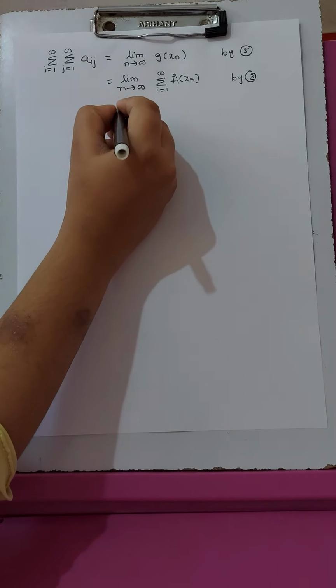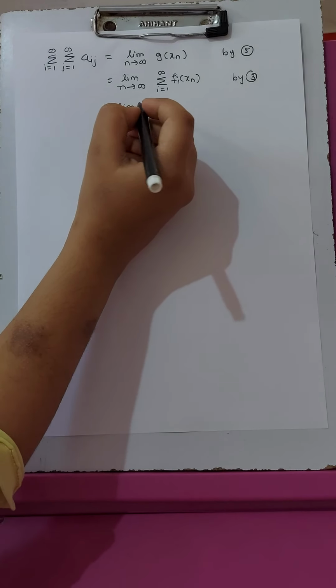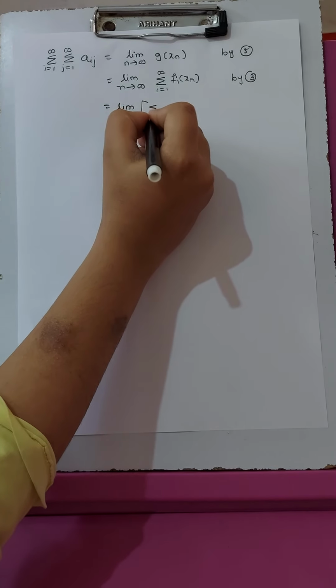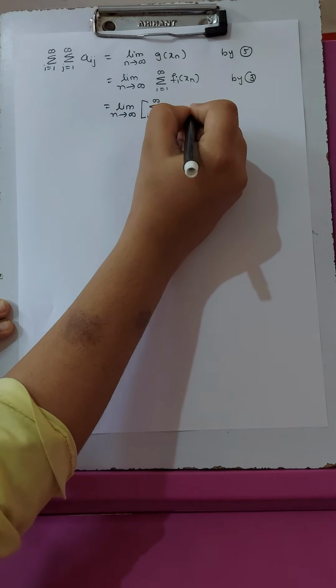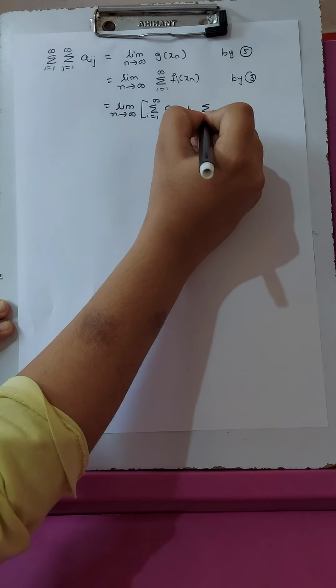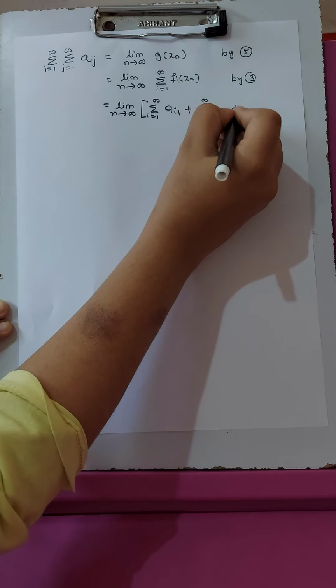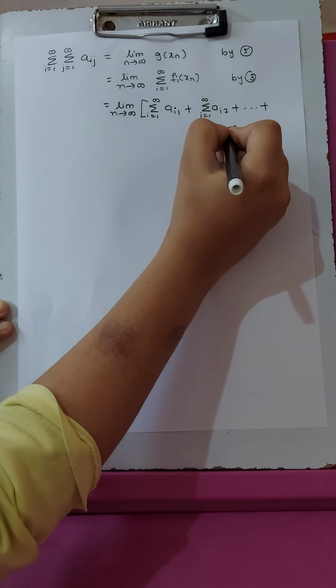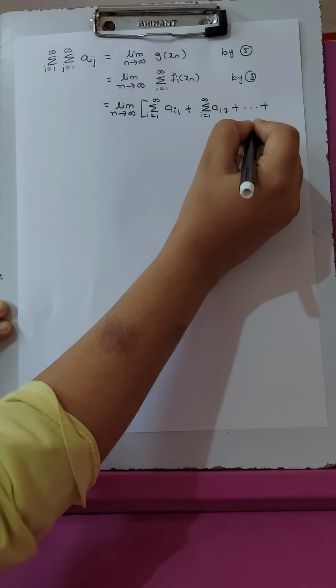So limit n tends to infinity in bracket summation i from 1 to infinity ai1 plus summation i from 1 to infinity ai2 plus up to so on summation i from 1 to infinity aim.